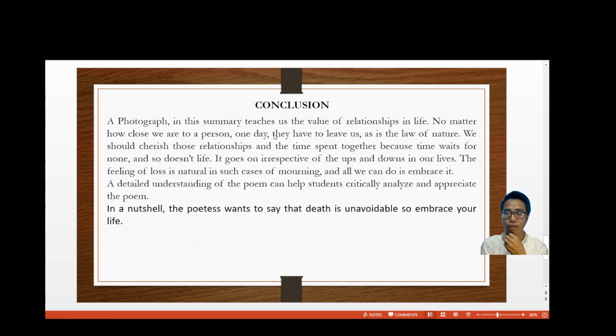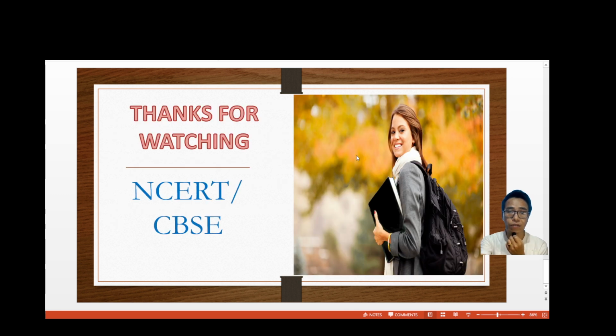So it is very much related to our everyday lives also. In a nutshell, we can say the poetess wants to say that death is unavoidable, so embrace your life. Death is always unavoidable. We all know if there is a life, there is a death. This is something very truly said by the poetess here, Shirley Toulson.